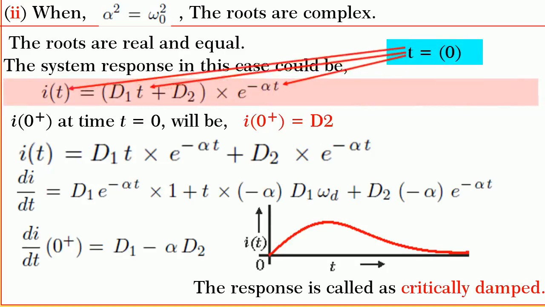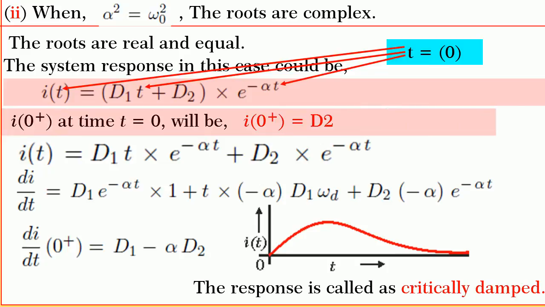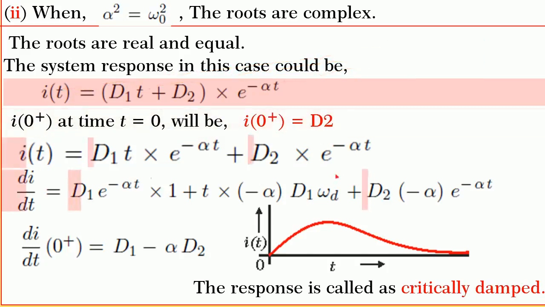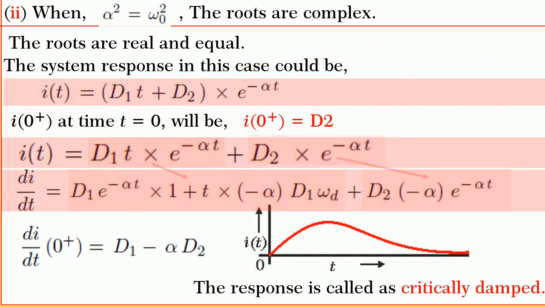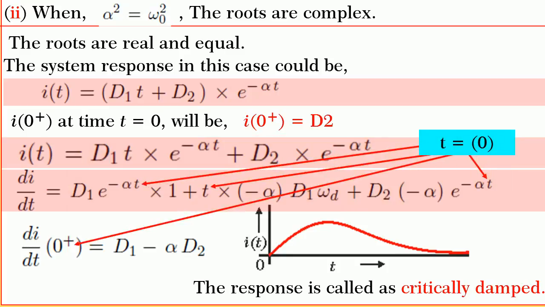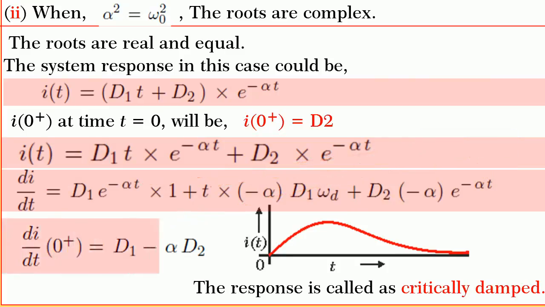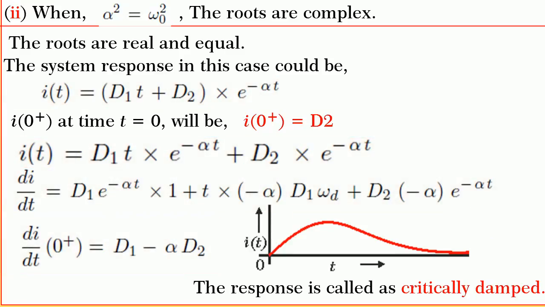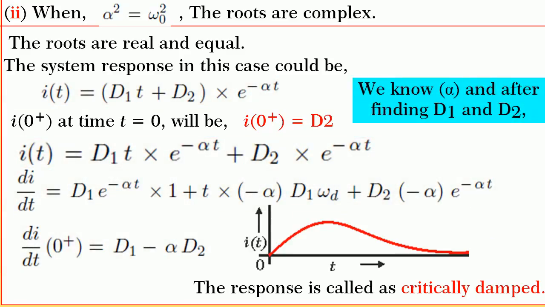If we substitute t is equal to 0, i of 0 is equal to d2. And if we find di by dt and substitute t is equal to 0, we get di by dt at 0 is equal to d1 minus alpha d2. We know alpha, and after finding d1 and d2, the system response is found to be critically damped as shown.